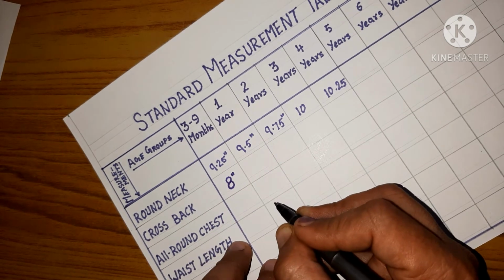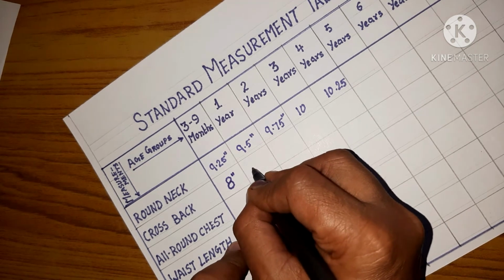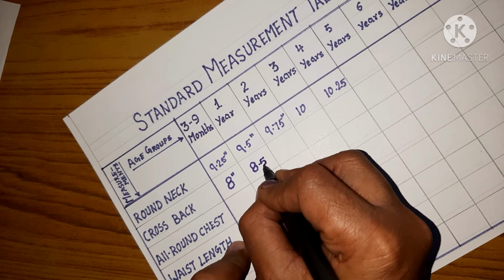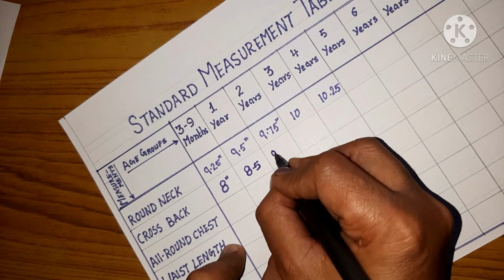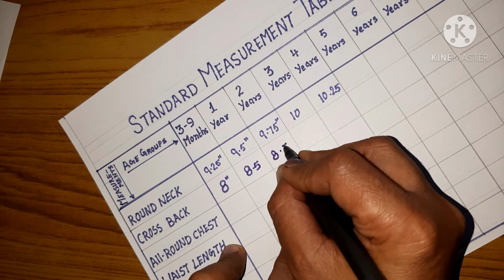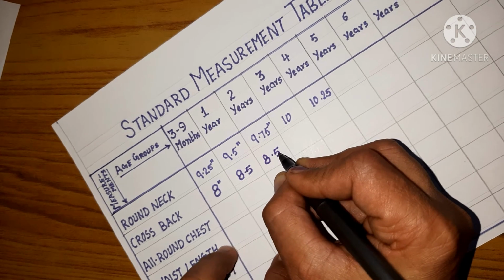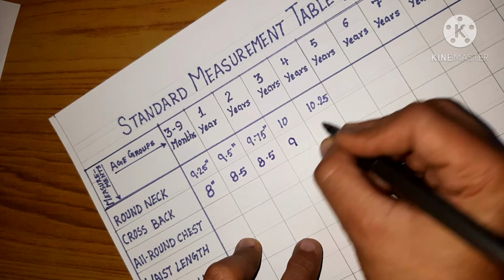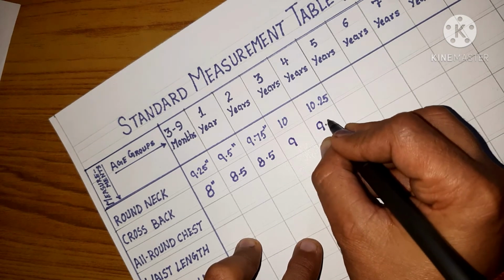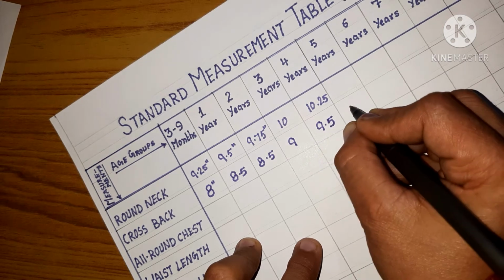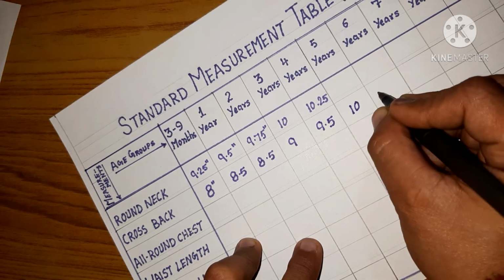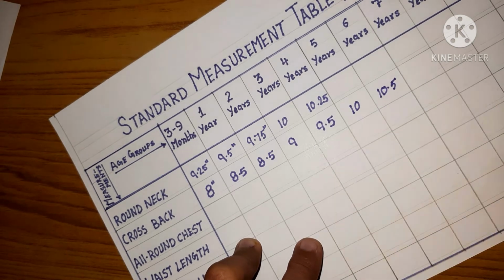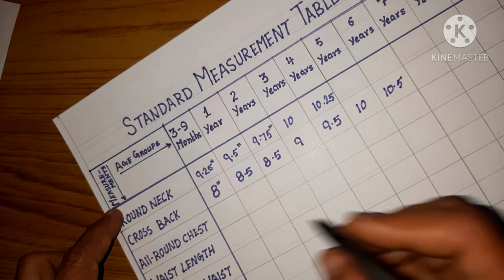It is 8 inch for 3 to 9 months, 8.5 at around 1 year, again 8.5 at 2 years, then it goes to 9, 9.5, 10, 10.5, and increases by half inches throughout.